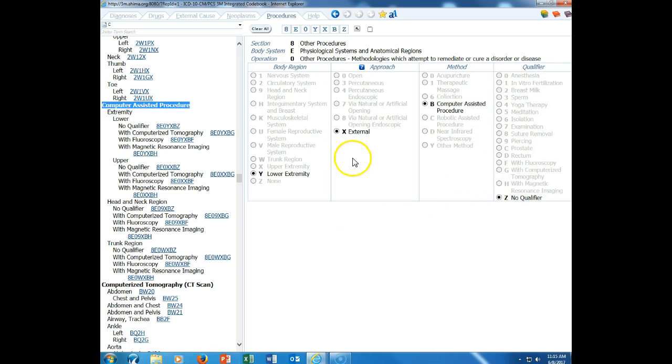And you'll become more familiar with these as we go through many more examples when we're in Chapter 8. So don't look at this and panic and think, oh, I don't have a clue how to do this. Because in this chapter, the focus is really to get you familiar with the index, with the table, how to move around in it, what are the root operations, what are the guidelines.